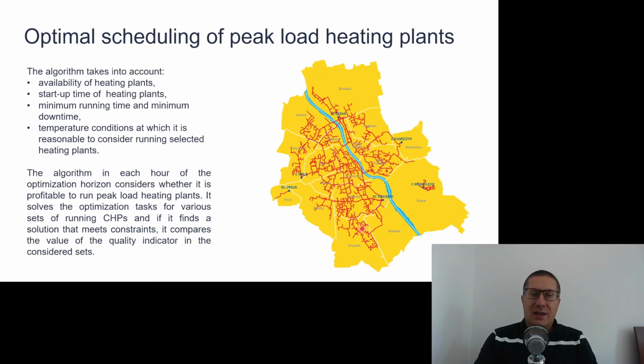And this algorithm takes into account the availability of heat plants, the startup time of heat plants, the stopping time of heat plants. We can't switch them on and off frequently because we would be kicked out of the project within a day or two. So we must follow those constraints. There are some minimum running time and minimum downtime constraints.